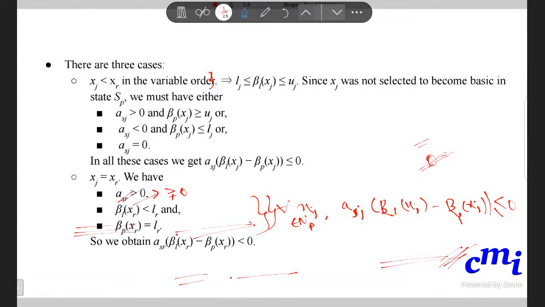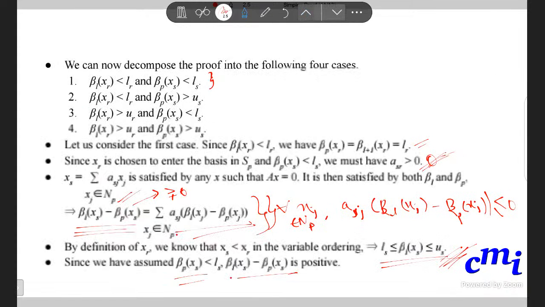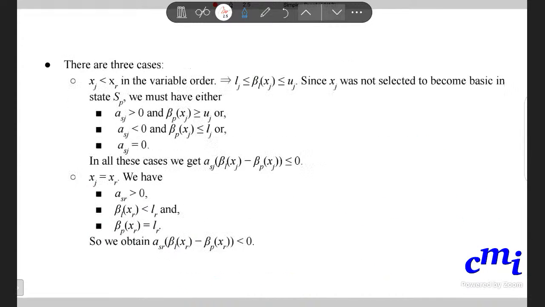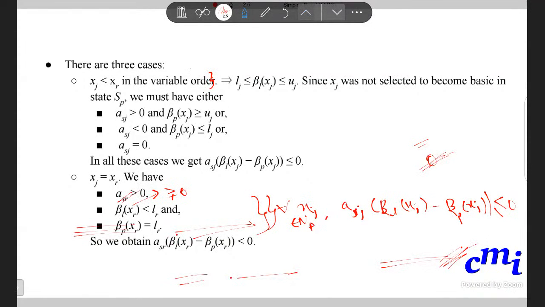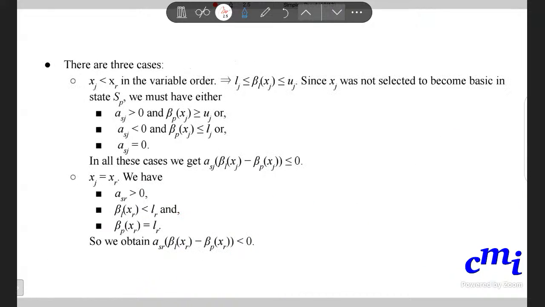We're looking at the first case. And beta P of XR is equal to LR. So this again we got from here. Yeah, by the fact that it stayed till P in the non-basic, therefore it's correct. And SP is the first state where it goes from non-basic to basic. So that is also important. That is why it stays in the non-basic set, so it doesn't change.